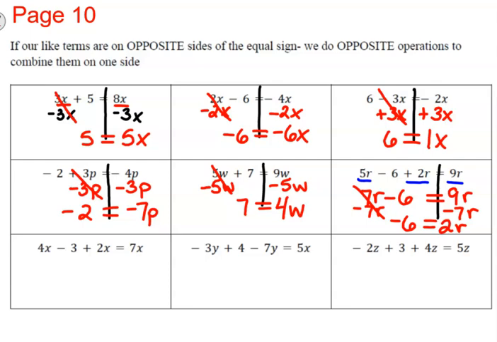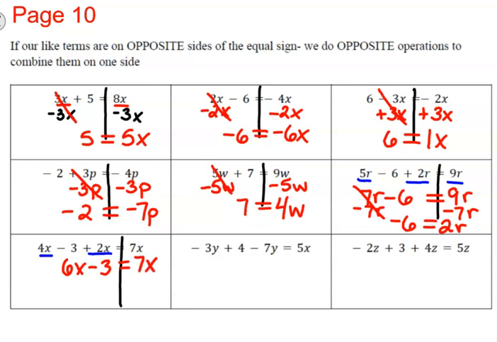So one more row. I'm going to treat the next box the exact same way. Here's my equal sign, right? Here are my like terms that are on the same side. So 4x plus 2x is 6x, and there's still a minus 3. We are still equal to 7x.